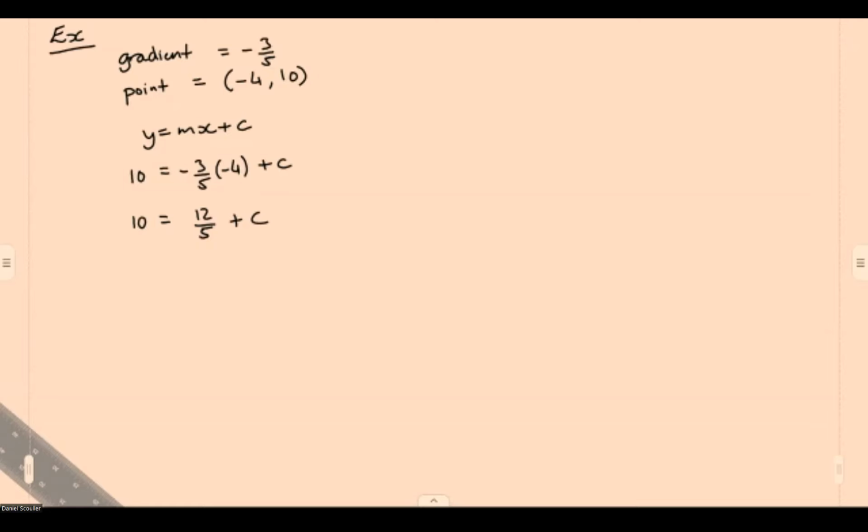Now we're going to remove the denominator by multiplying each side. And then we're going to solve for c.